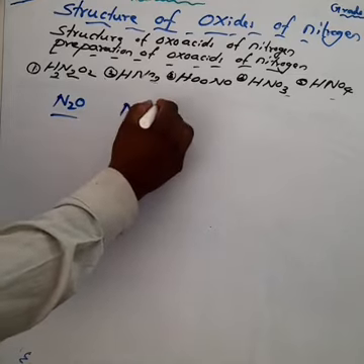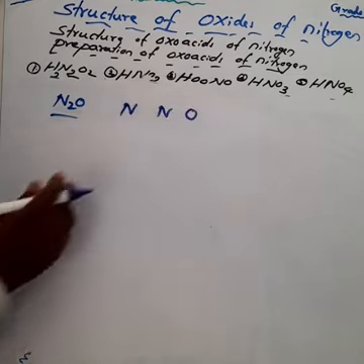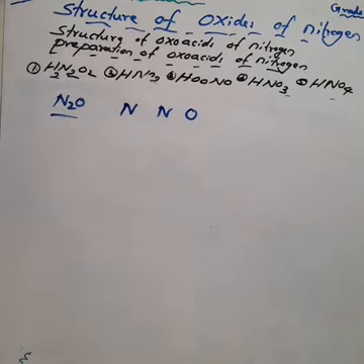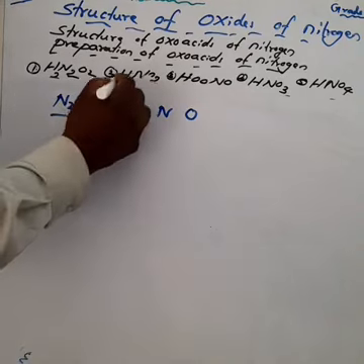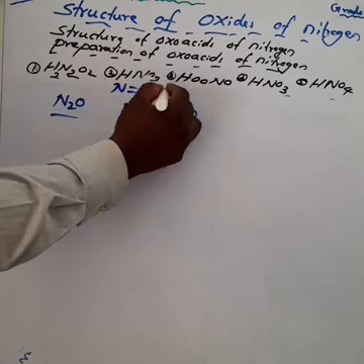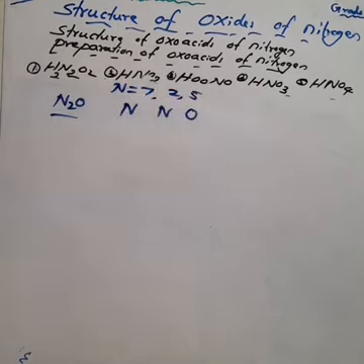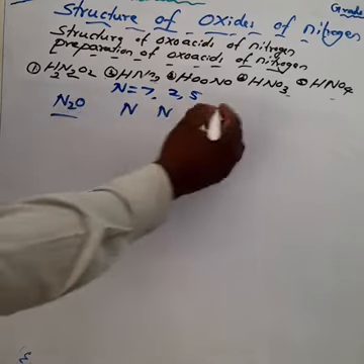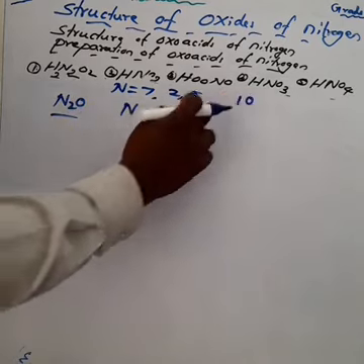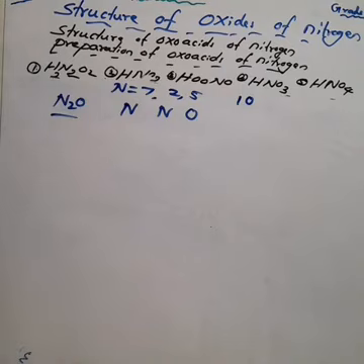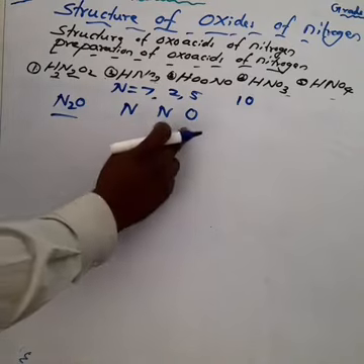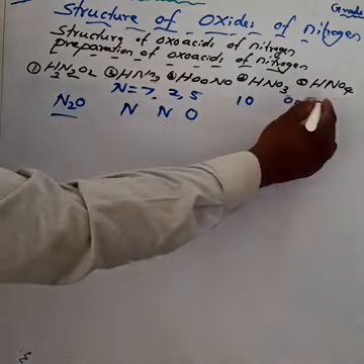There are 2 nitrogen and 1 oxygen. So before that, we have to write the atomic number of nitrogen is equal to 7. First shell can accommodate 2 electrons, second shell 5 electrons. So 2 nitrogen, that means the outermost shell having 5 into 2 is equal to 10 electrons. Am I right? 10 electrons. 1 oxygen, its atomic number is 8.